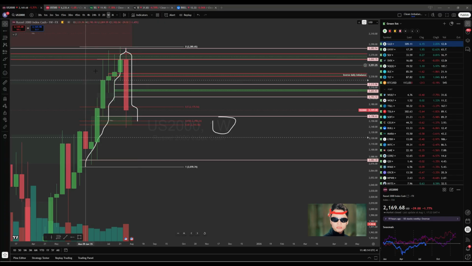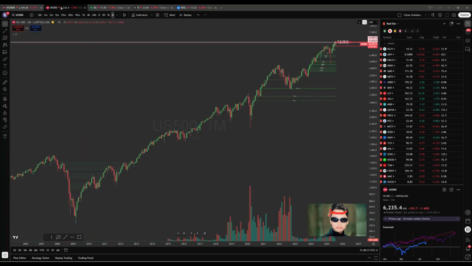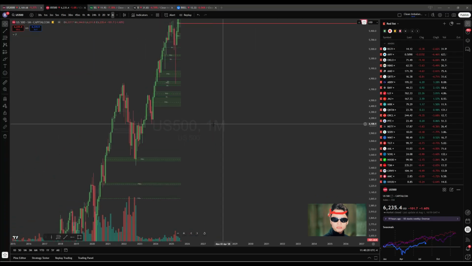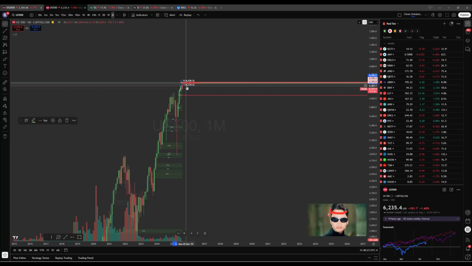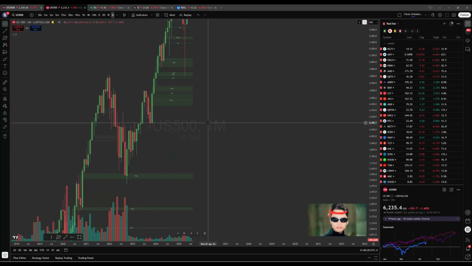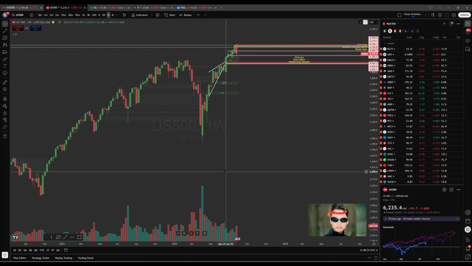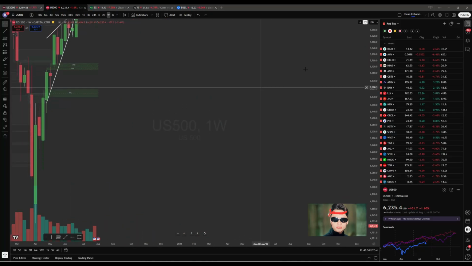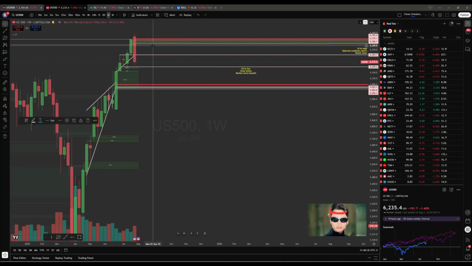We already took this low on the Russell, but if we look at the SPY, this is the US 500. Okay, so let's see. Let's fix this problem here.